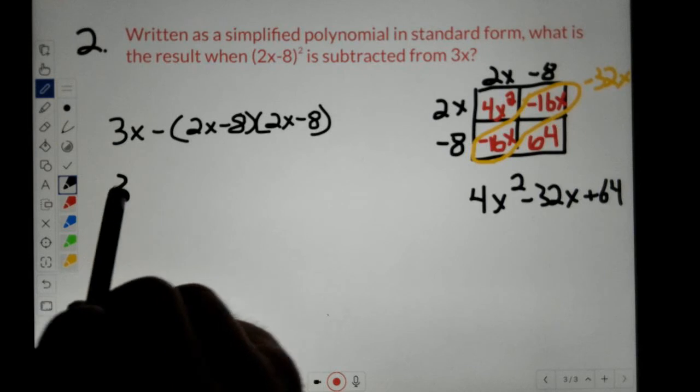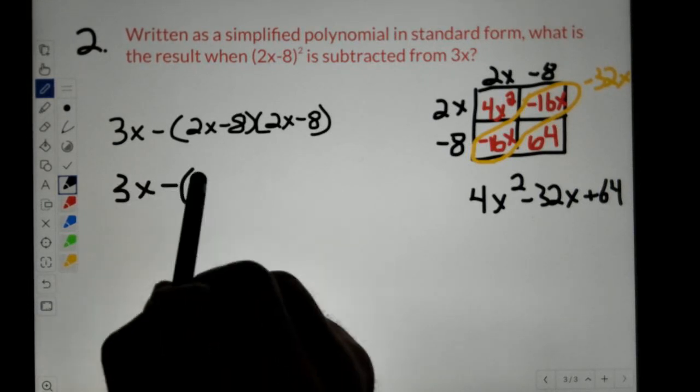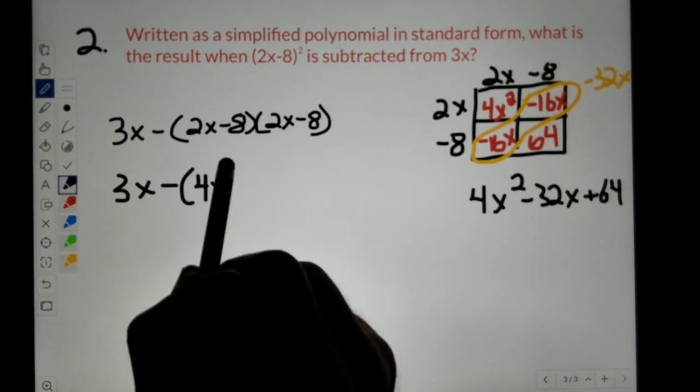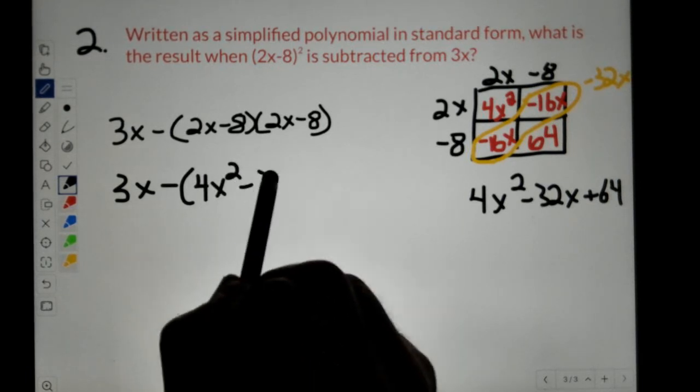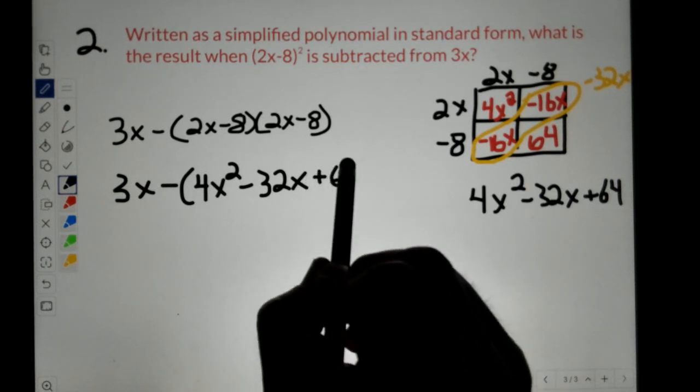So now it's going to read 3x minus, and then in parentheses, 4x squared minus 32x plus 64.